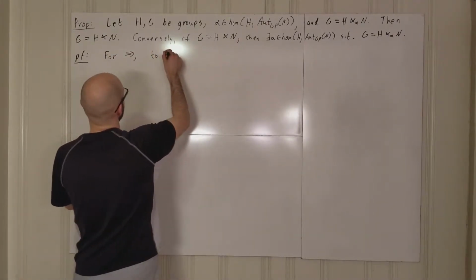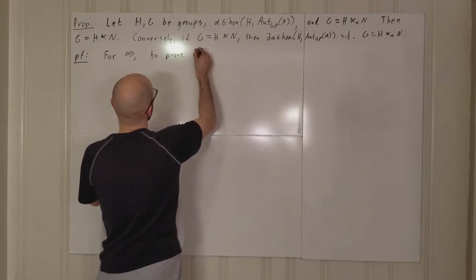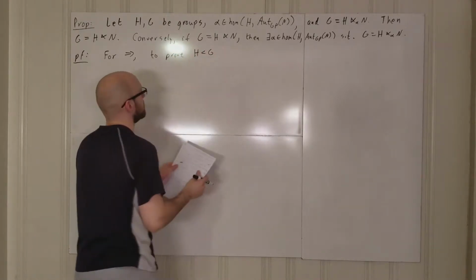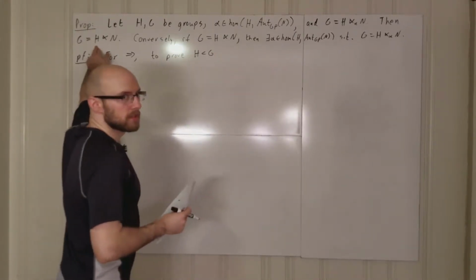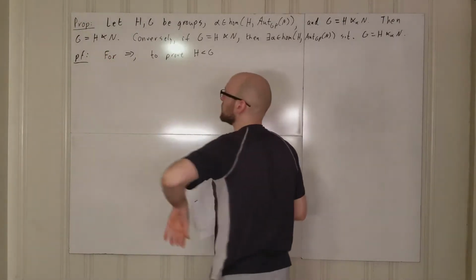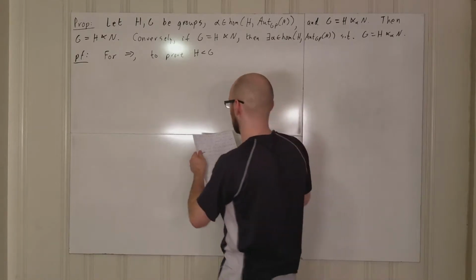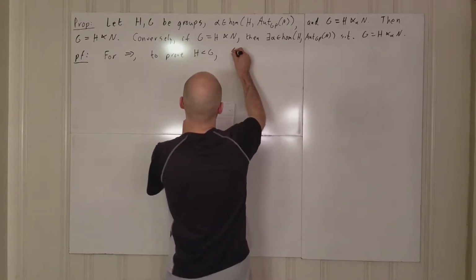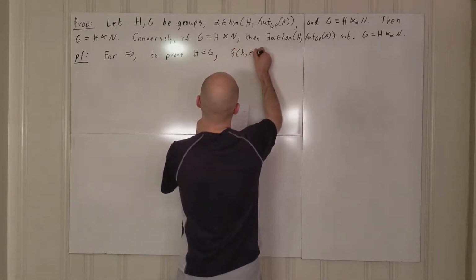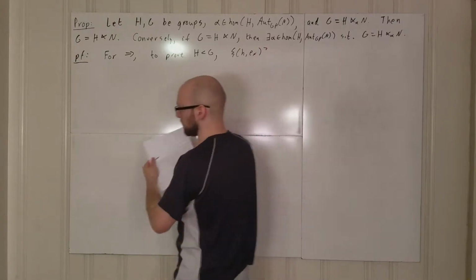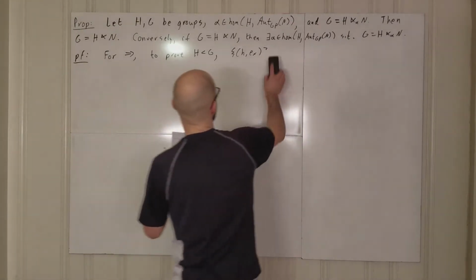For this, to prove, we have to prove that H is a subgroup of G here, in this sense. So H comma E_N, the collection of all things like this.